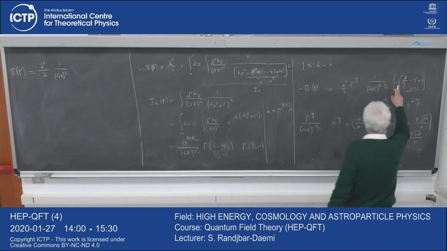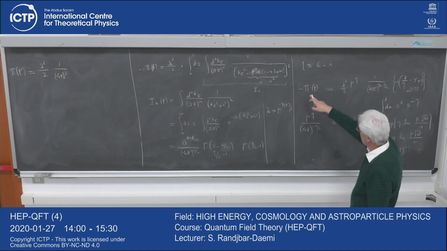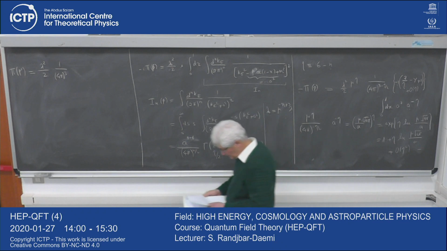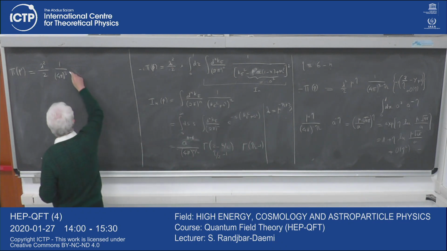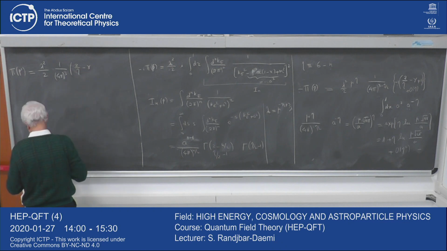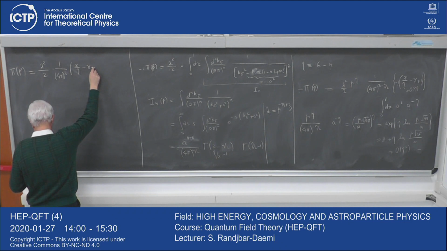This minus we already took care of, cancelling against that minus sign. And therefore, the only thing which is left from there is that 2 over eta minus gamma plus 1.